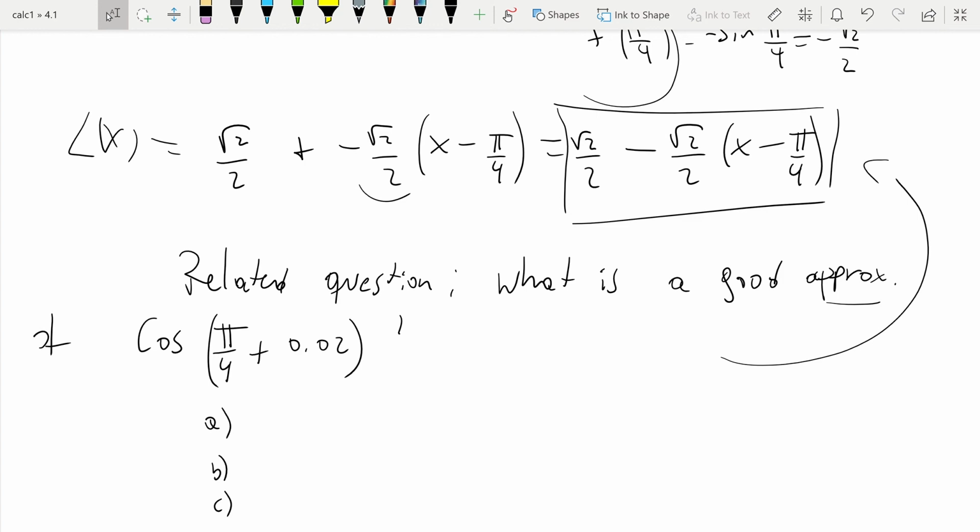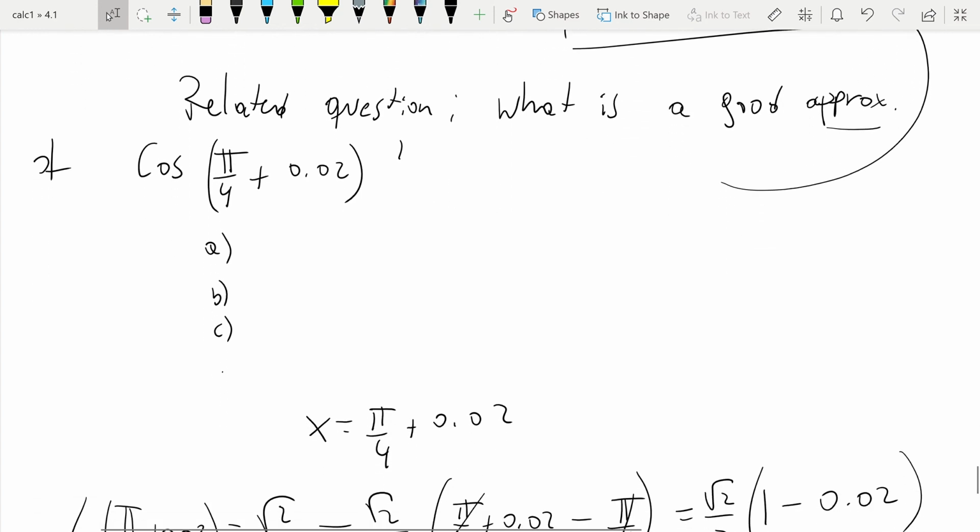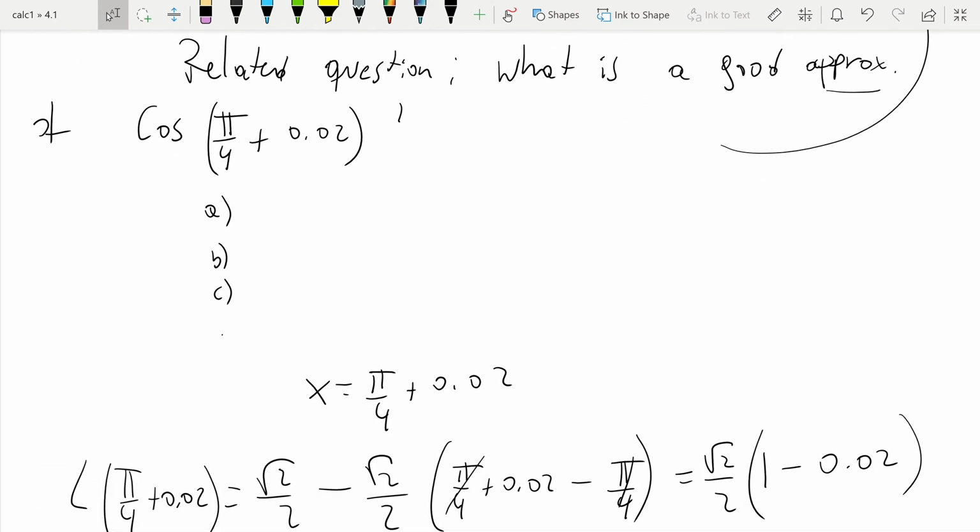Just recognize what x is here. If not, they may just ask you immediately what is a good approximation of cosine of pi over 4. In that case, you need to first identify the function f, which is cosine, and then the point x0, which is pi over 4.